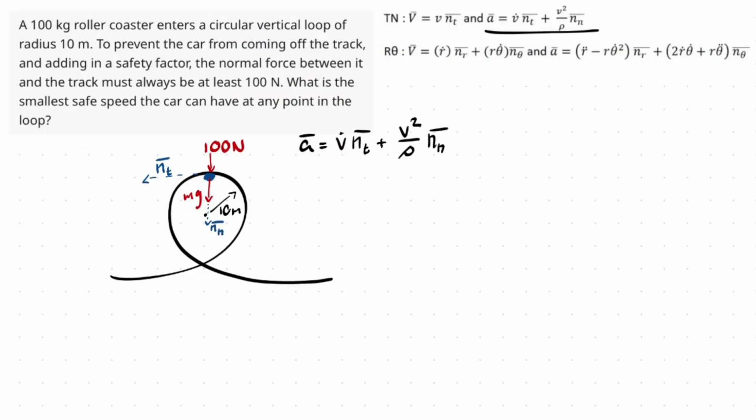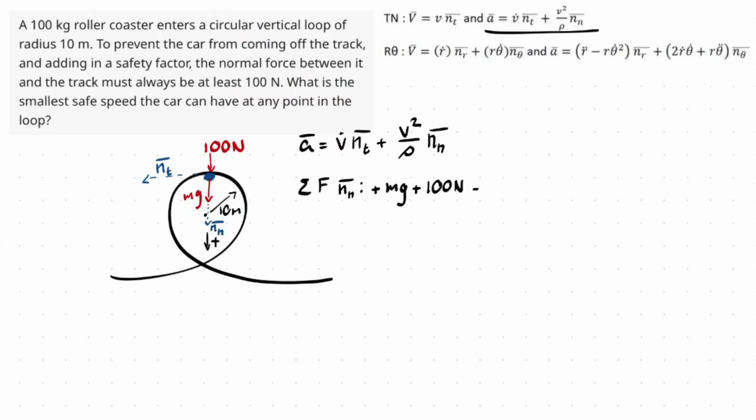So let's do it. So if we sum forces in the normal direction, we can treat this way as positive, right? So don't confuse yourself. You always have to treat the positive direction as the direction that the normal is going. We have a positive mg plus the 100 newtons.